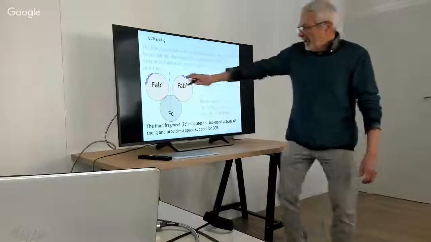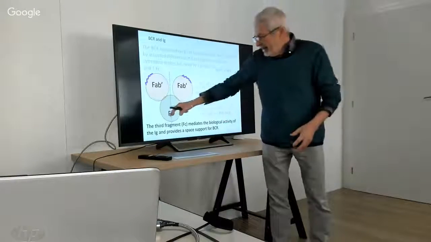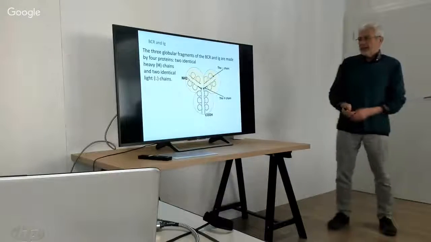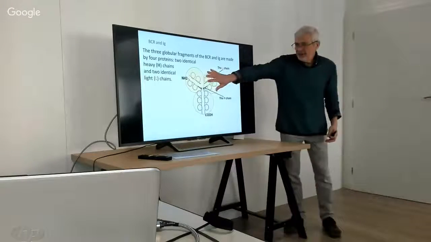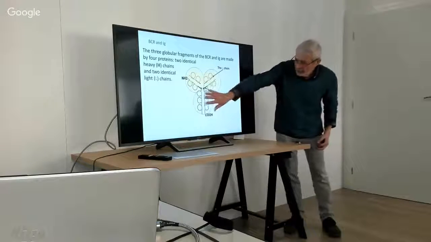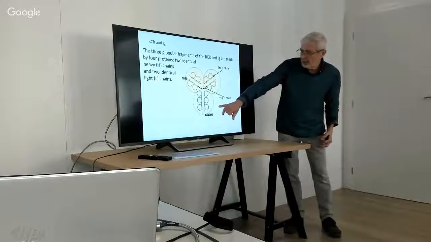So here is the part which is able to bind the target, and here will perform some biological activity. So this is why I mentioned a symmetrical molecule in three parts. So this is fragment C, the COOH terminal part of the molecule.